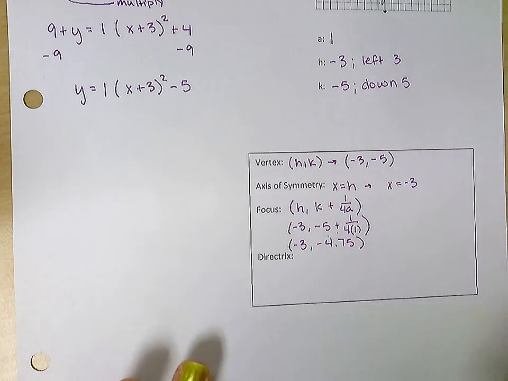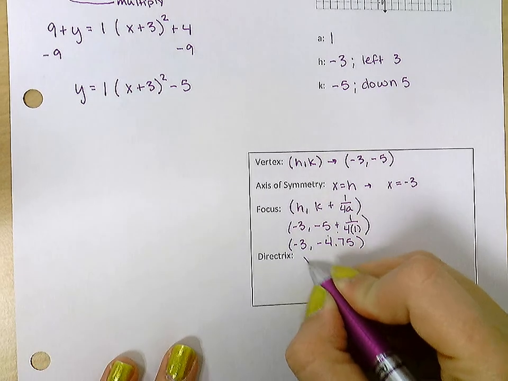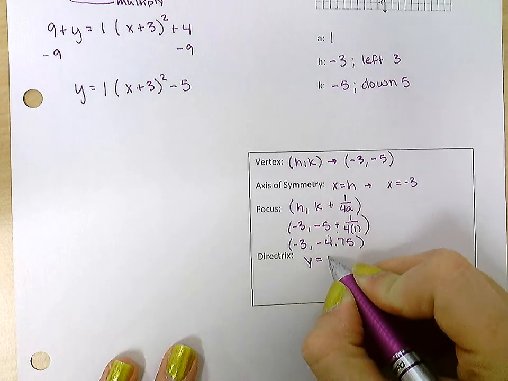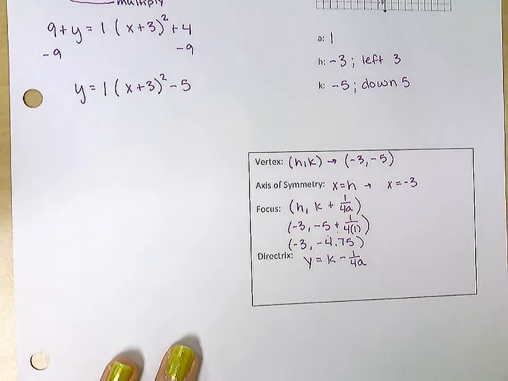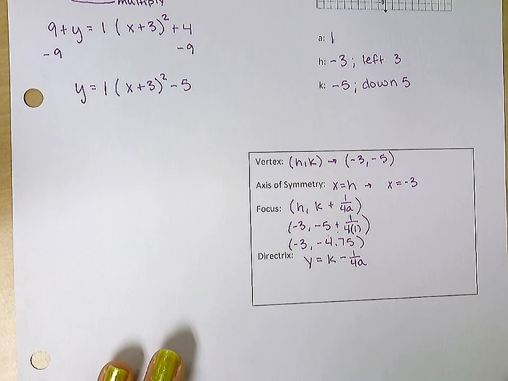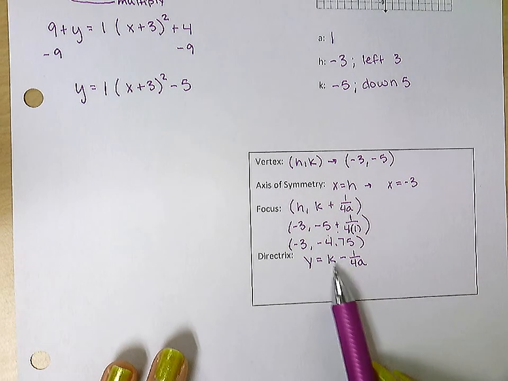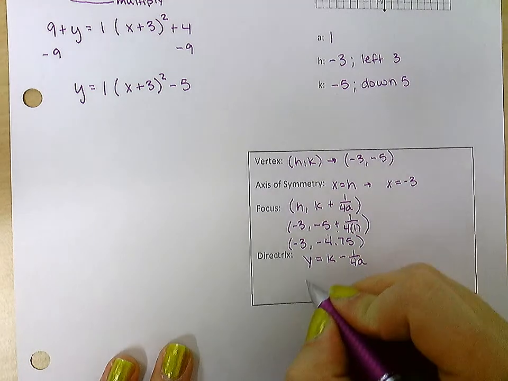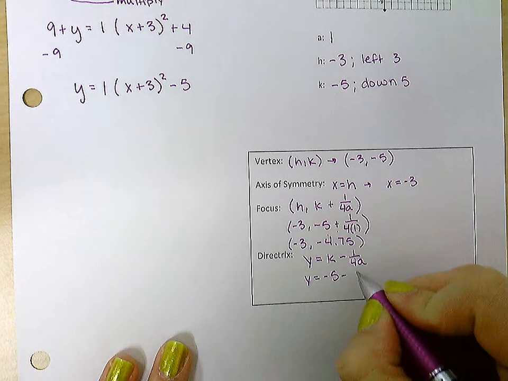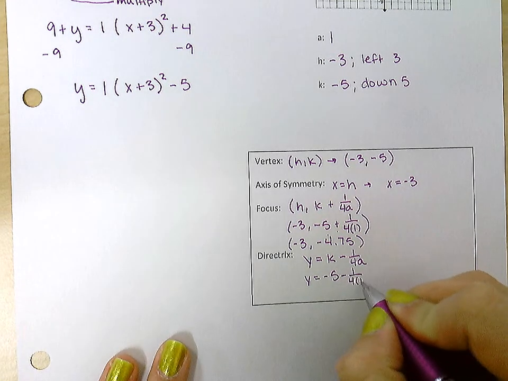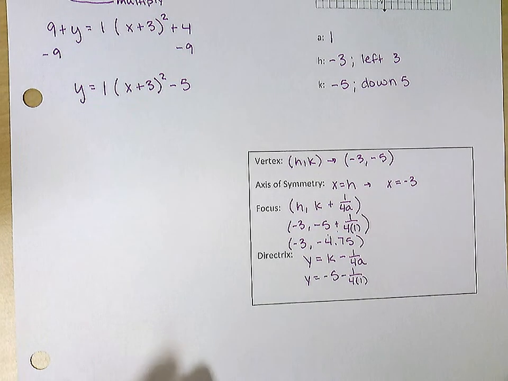Okay, last one is the directrix. Directrix is in the form y equals k minus 1 over 4a. Again, we just have to plug that in. So plug in your value for k. That's -5 minus 1/4 times our a value, which is 1.